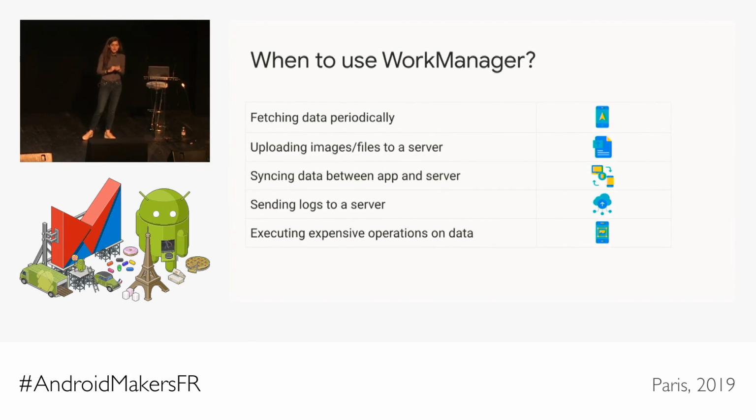Another example could be to upload images and files to a server, or to sync the data between the app and the server, or sending logs to a server. And also another example could be to use WorkManager when we execute expensive operations on data. A good example here could be to have some images on which we should apply some filters, compress them, and after that upload them to a server.